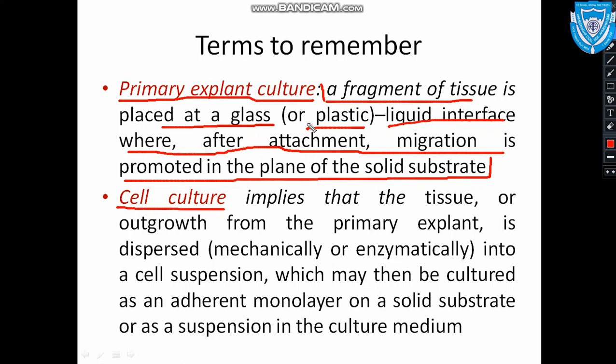The primary explant culture is very much important in animal cell culture because primary cell is the first cell that we are getting in our flask.